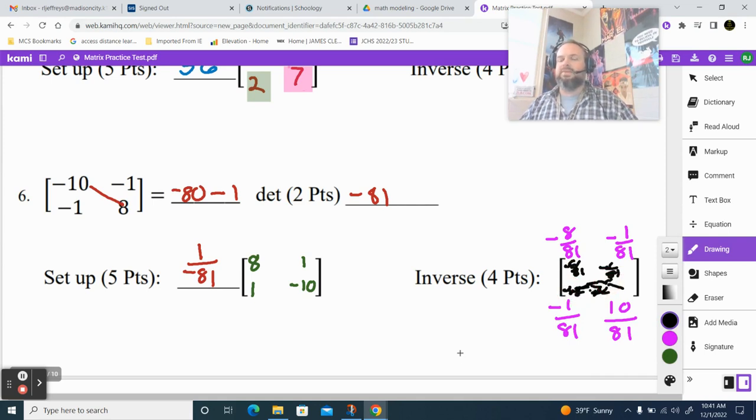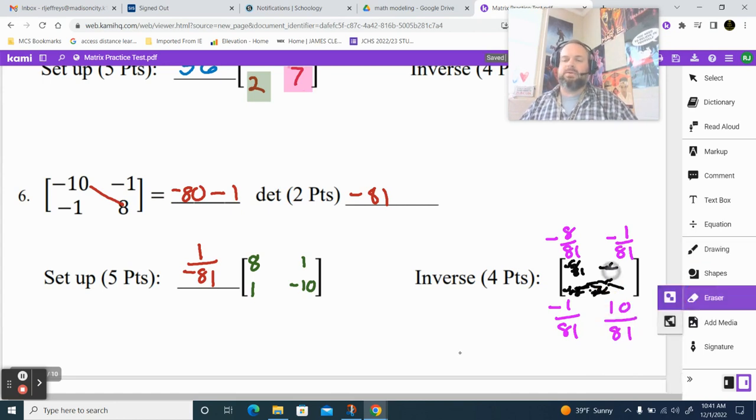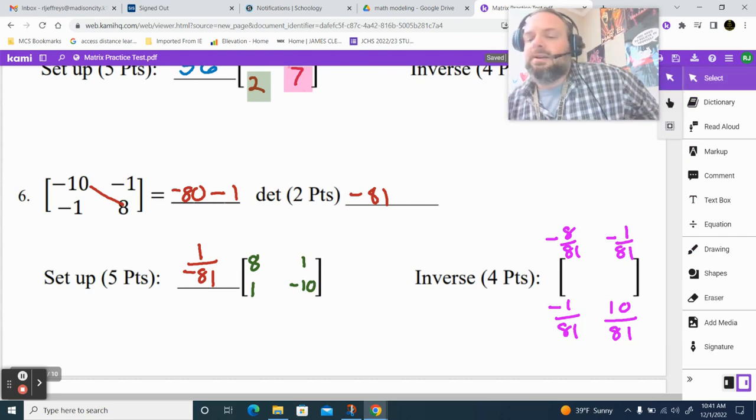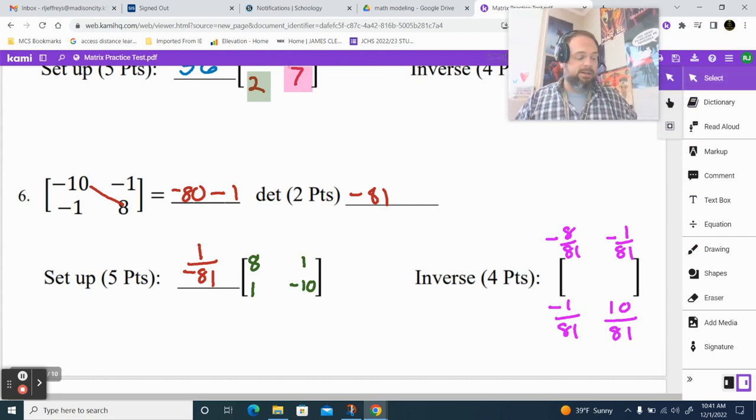If I can't read it, I'm marking it wrong. Now, some of y'all, I've gotten fairly good at deciphering what you've written. It's kind of difficult sometimes.